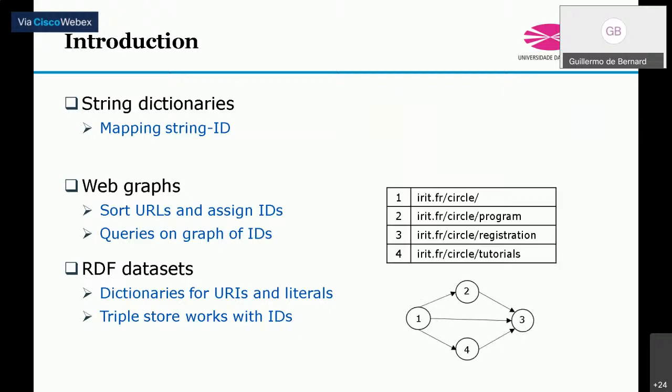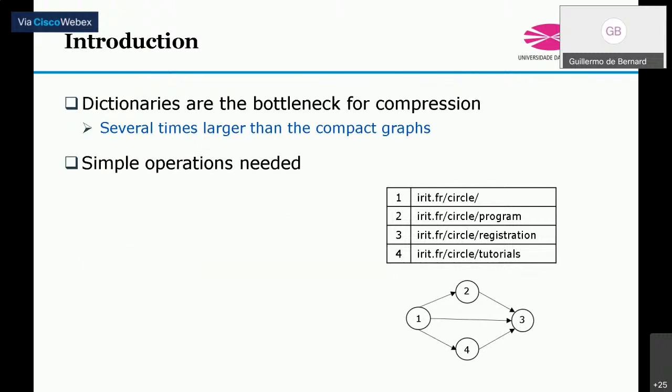So using a string dictionary, we just transform this graph into a graph where nodes are labeled with numbers, and we have a separate structure that maps between those integers and the corresponding strings. The idea here is that, first, the strings are usually much larger and more difficult to compress than the structure of the graph itself. So by separating this, we can solve the two problems separately.